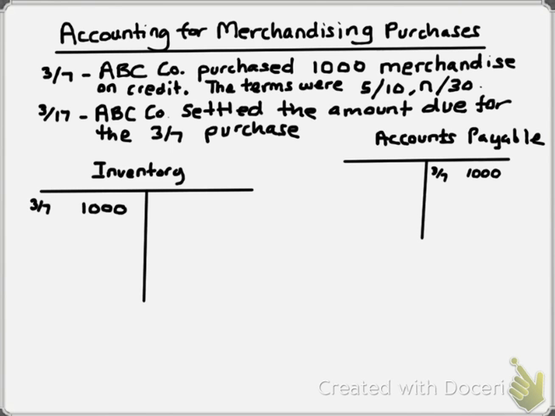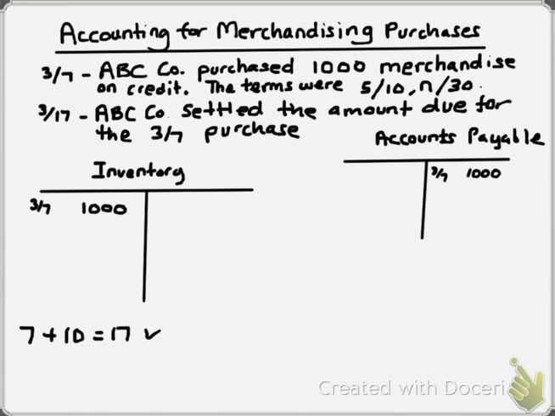The first thing we need to do is to check whether March 17th is within our discount period or not. We purchased these items on the 7th and we are given a 10-day discount period. We are paying on March 17th, so 7 plus 10 is 17, and March 17th is within the discount period, so we are good.